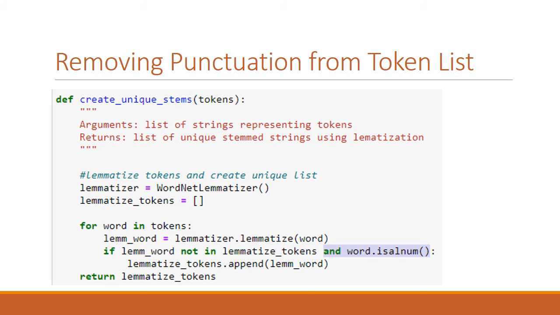So in our condition, we say if the lem word not already in the token list, and word is alphanumeric. So that's a method of a string that returns true if the word is alphanumeric. Colons, commas, quotation marks are not alphanumeric, and it would return false, and therefore that token would not be added to our list.